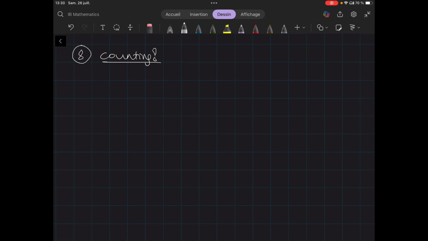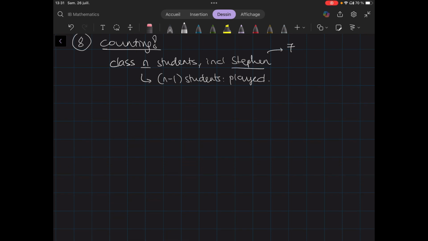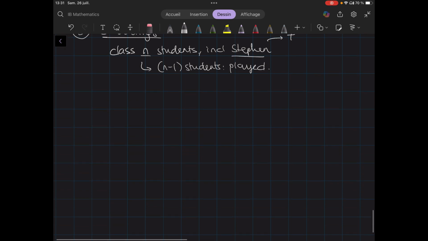In other words, let's say the class has n students, including Stephen. Stephen only plays 7 of the games. But all the games amongst the n-1 students were played. How can we translate this? For each game, we'll pick 2 students from the n-1 students that we have.